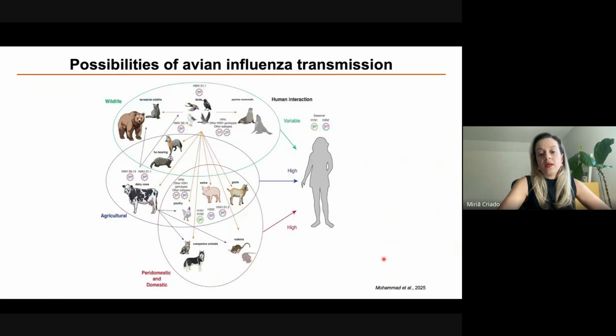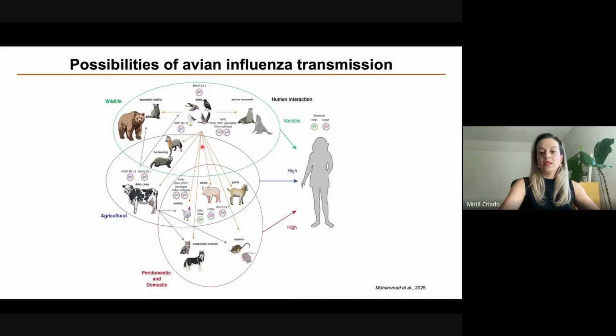Then probably thinking about all the possibilities now for avian influenza to transmit in this new epidemiological scenario for flu, which is now circulating not only in wild animals but also in more agricultural animals, and now has the possibility to circulate in peridomestic and domestic animals.